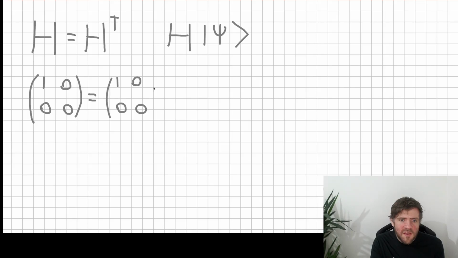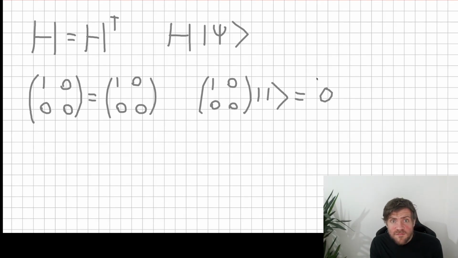But if you apply this matrix to the 1 state, what we get is 0. Not the 0 state, but actual 0. The number 0. Or perhaps more accurately, the two-dimensional vector 0. So that's not a normalized state at all. So we don't necessarily get normalized states out of these.